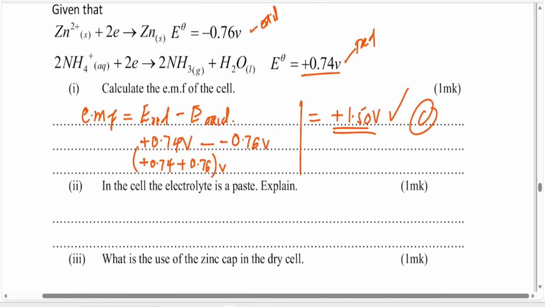We're supposed to explain this. And this is because it is to provide mobile ions. So ensure the ions are free to move. This is to provide mobile ions.